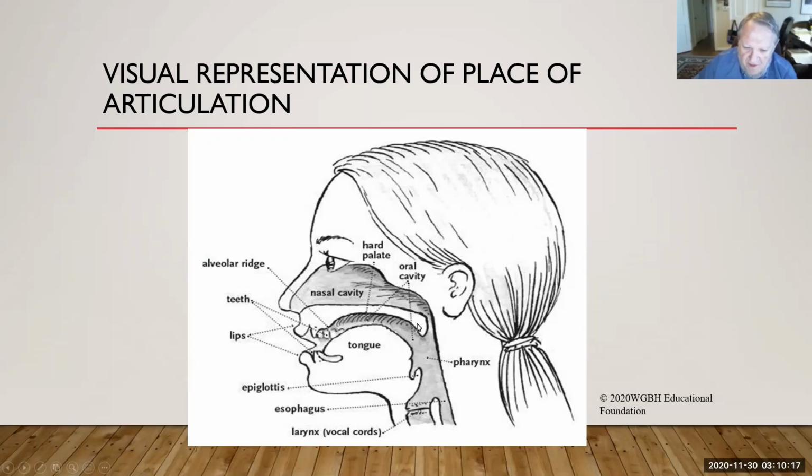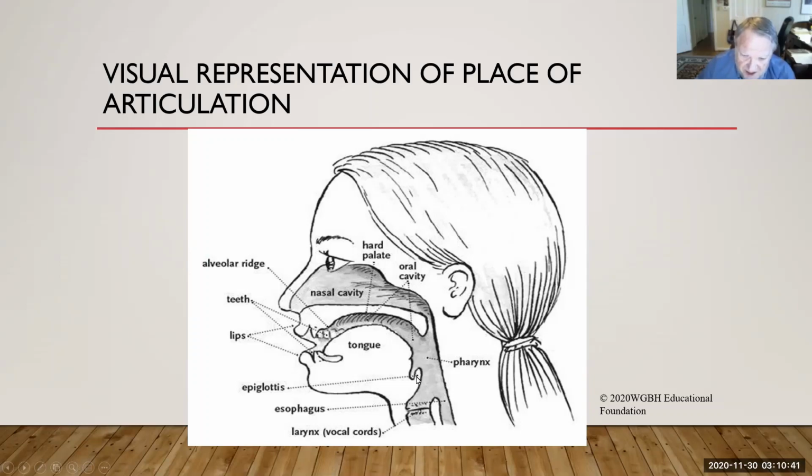Okay, now then here is what's called the uvula, and we'll get to that in a minute. And here's the throat or pharynx. Here's the epiglottis, and here's the esophagus, and here's the larynx. Now let me explain these. They're kind of important. Okay, the pharynx is the throat, the back of the throat, after the tongue.